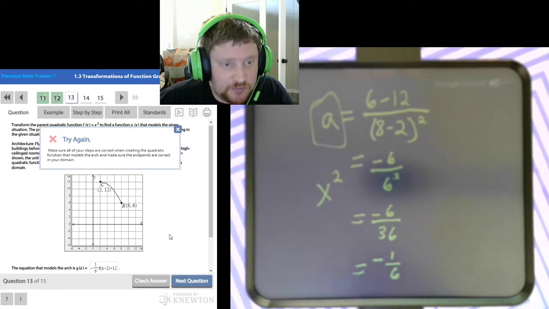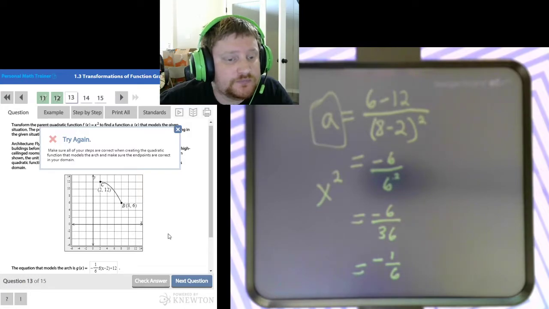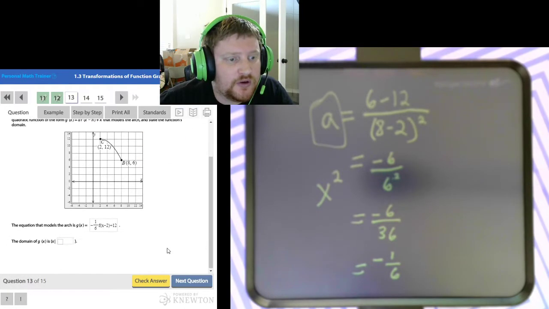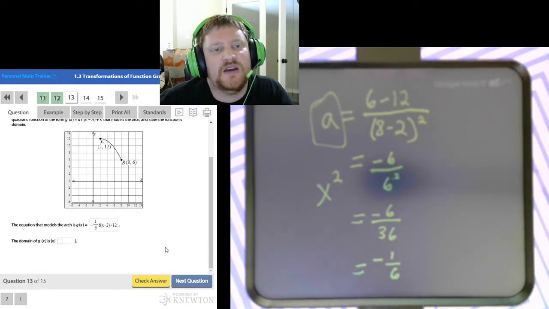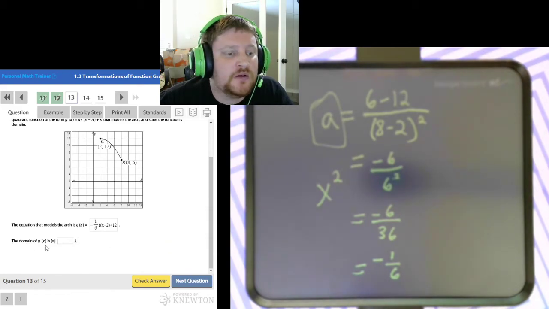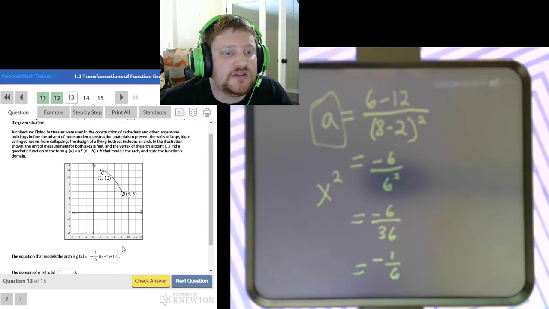Apparently, I did something wrong. Or did I just... I didn't do the domain. The domain g of x is... So they say that this is the vertex. Do they want just this, or do they want the whole arch?